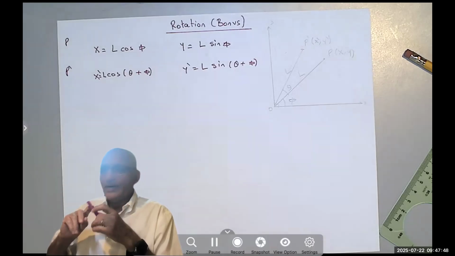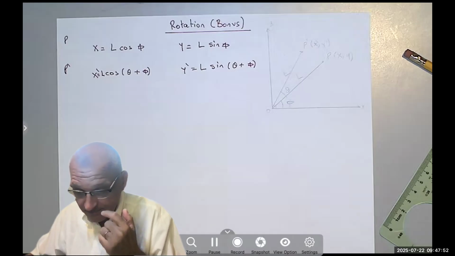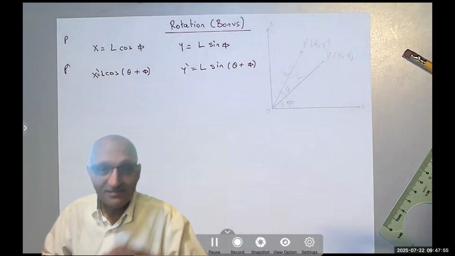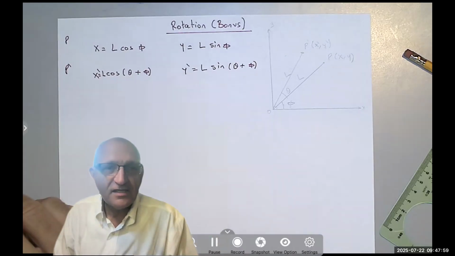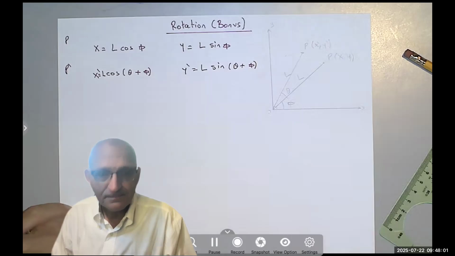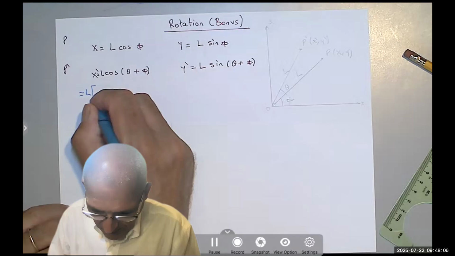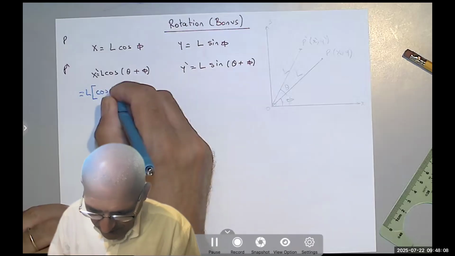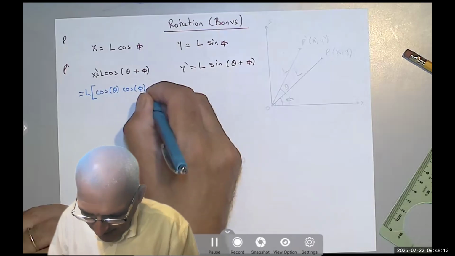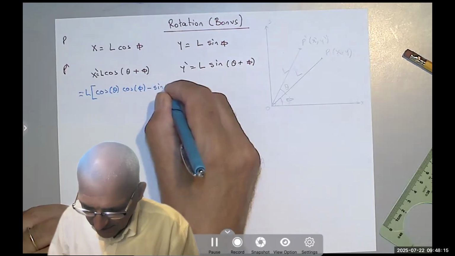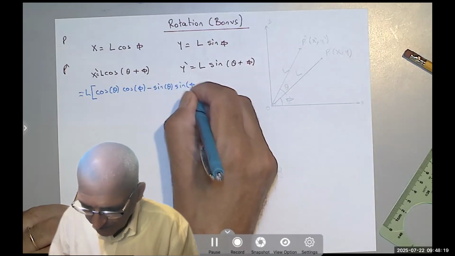And now I have to go back to my knowledge of trig, which I hope you all master. How do we expand cosine alpha plus beta? It's cosine theta cosine phi minus sine theta sine phi.